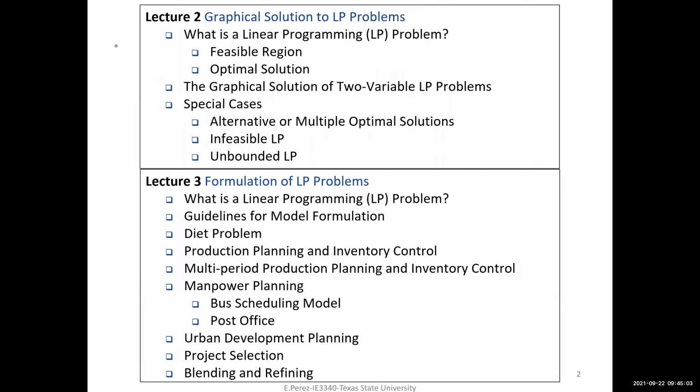We have a lab in which you have to formulate a different application related to scheduling. We talk about the urban development planning. And finally, the blending and refining. Okay, so those were the examples that we studied in terms of formulation.